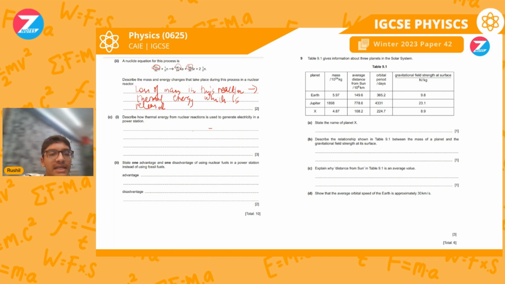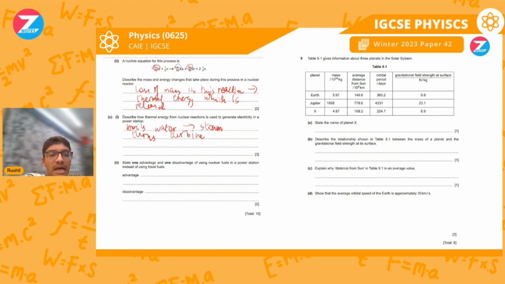Describe how thermal energy from nuclear reactions is used to generate electricity in a power station. So these nuclear reactions, as we just discussed, produce a lot of thermal energy. How is this used to produce electricity? So the thermal energy released basically boils water. A boiler is kept on top of it, so it boils the water to form steam. Now this high pressure steam turns the wheels of a turbine.